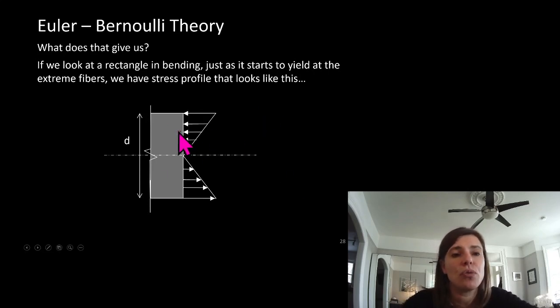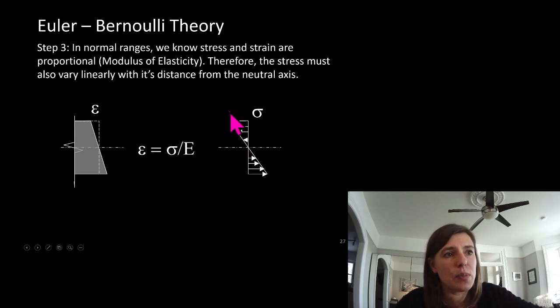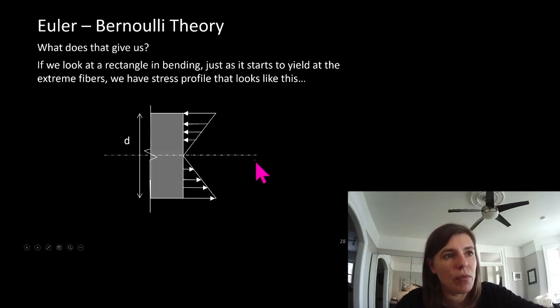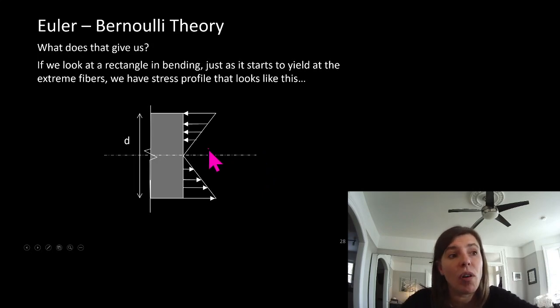Now this is just drawn, this is still this, but rather than waste the space of having it drawn over here, I've just drawn it right here. And you'll see this drawing a lot, people do it a lot. If we have a rectangle in bending, just as it starts to yield at the extreme fibers, we have a stress profile that looks like this.